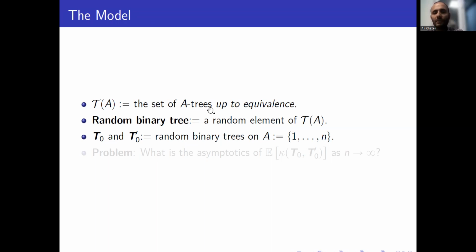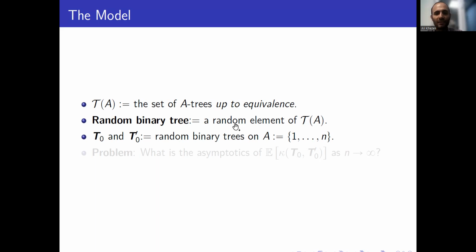Since the number of trees with leaf set A is finite, we can consider the uniform distribution on this set, which is equivalently picking one of the trees randomly and uniformly. So by a random binary tree, I mean a random element of T of A, and always assume random means uniformly random for simplicity.